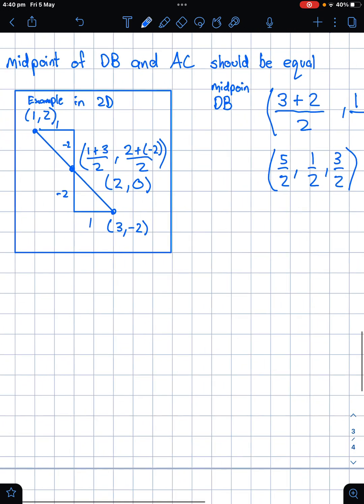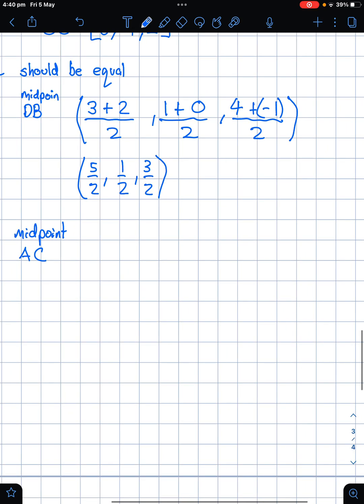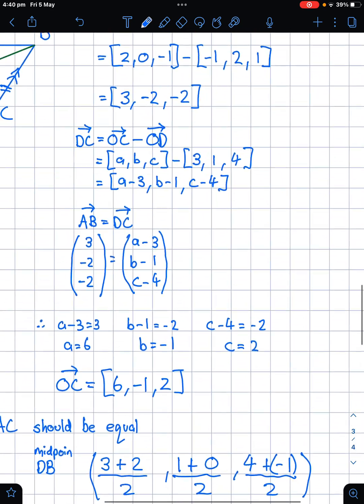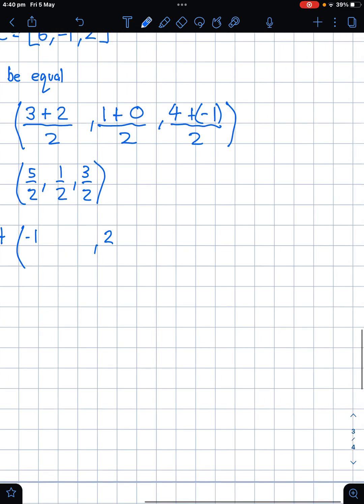So now a quick way to check that C is in the correct point is we go midpoint of AC, which is going to be, let's put our A values in. A is negative 1, 2, and 1. These are all over 2 as well.